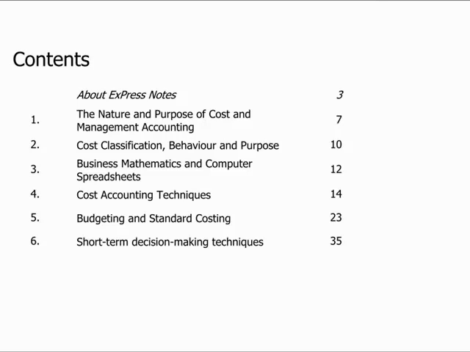There's a certain level of mathematical skills which will be required in this paper, not a very high level, but those that are covered will be practiced and tested in the exam. We will also cover cost accounting techniques and consider areas of budgeting, and finally short-term decision making based on an understanding of relevant costs.